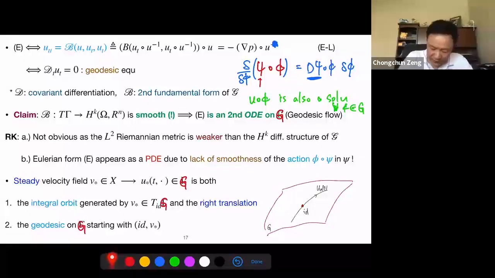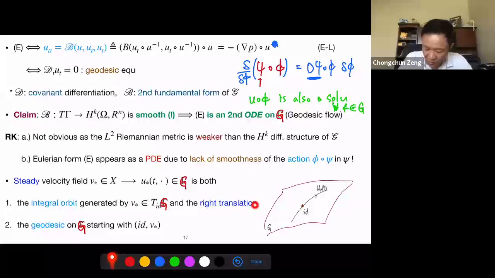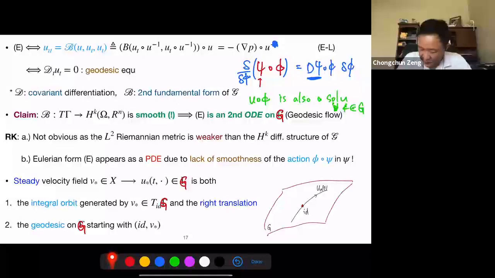So the Lagrangian path associated to the steady vector field becomes, of course, first a geodesic, as any solution of the Euler equation is associated to a geodesic. But it is also an integral orbit generated by this vector field and the group action. So this is a vector field in the Eulerian domain, and it corresponds to a vector in the infinite dimensional space at the identity.